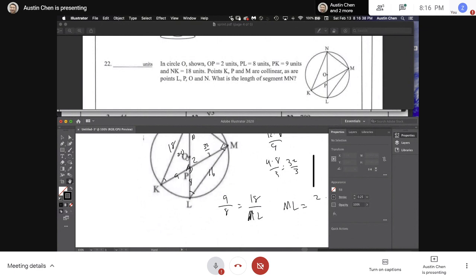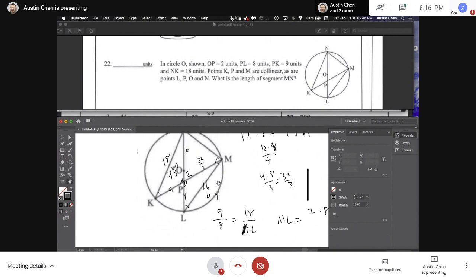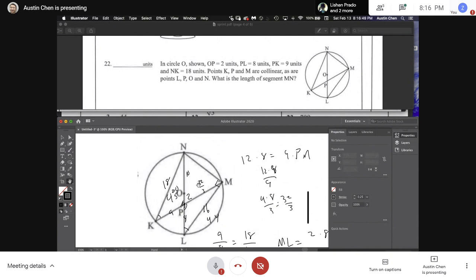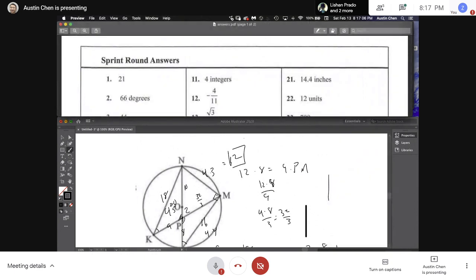And we have 20 and 16. 16 is 4 times 4. 20 is 4 times 5. We can see that this will make a 3, 4, 5 right triangle scaled by 4. So then this will have to be 3 times 4, which is 12. Now we can see that our answer was an integer, which was predicted from it saying just what is the length of segment MN. So we're good there, and that is our answer.